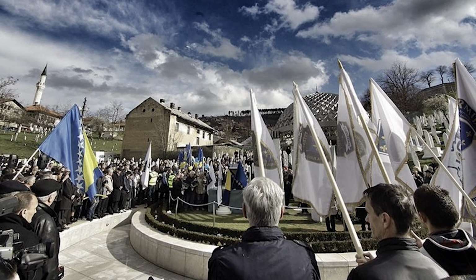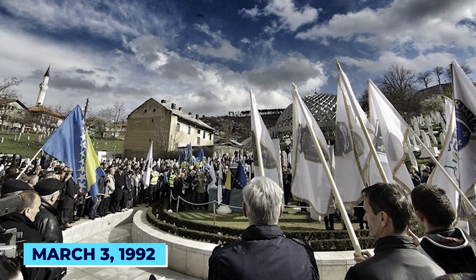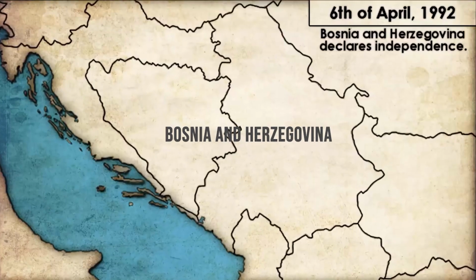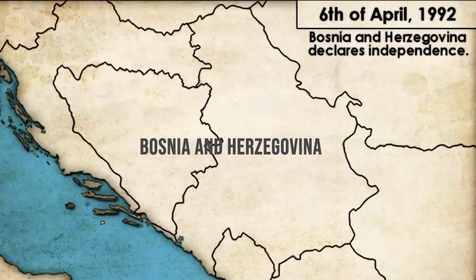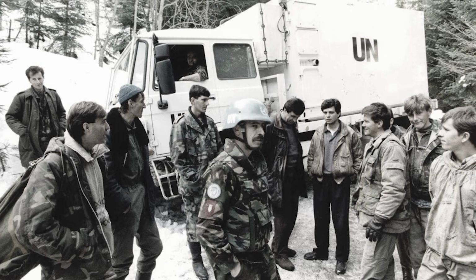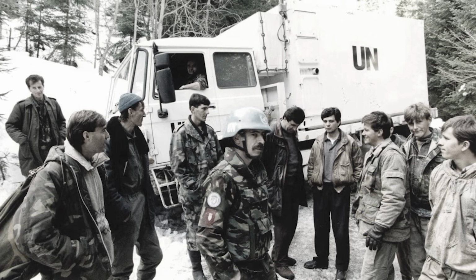Bosnia and Herzegovina's independence proved to be the ultimate blow to Yugoslavia's pan-Yugoslav Socialist Federal Republic. Bosnia and Herzegovina declared independence on March 3, 1992, and received international recognition on April 6, 1992. On the same day, the Serbs replied by declaring the Republika Srpska independent and laying siege to Sarajevo, kicking off the Bosnian War.